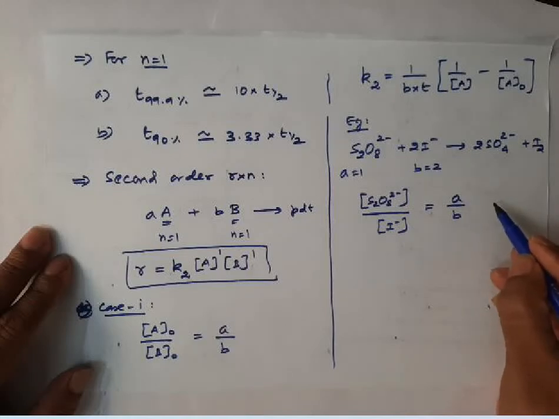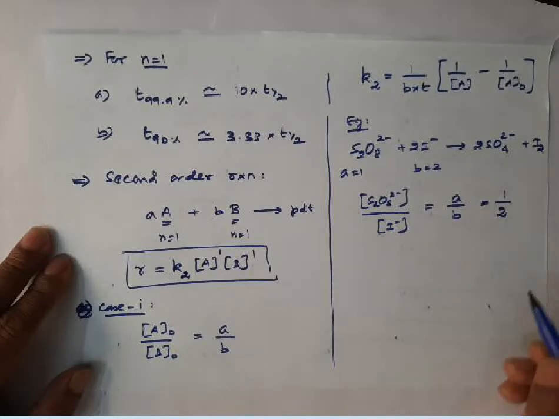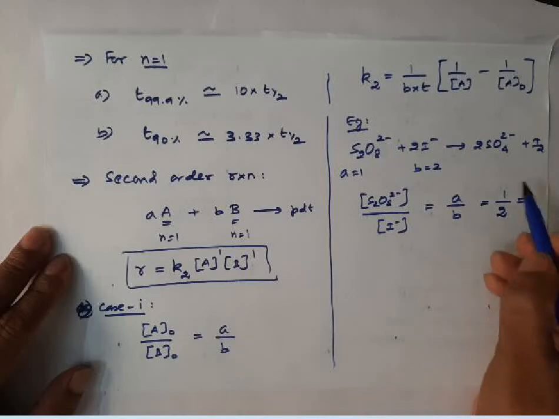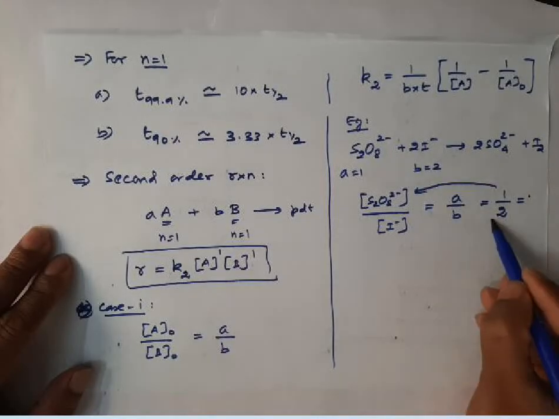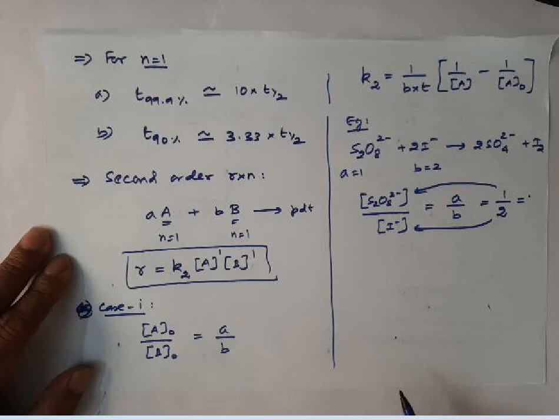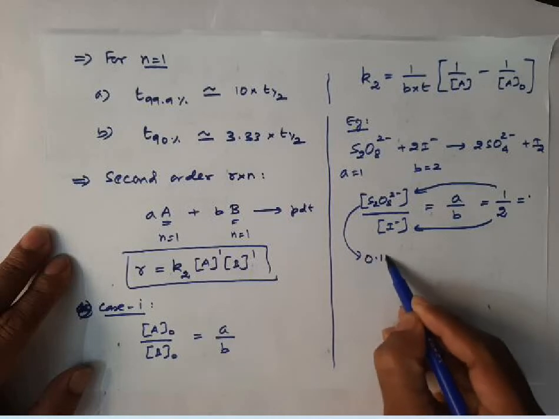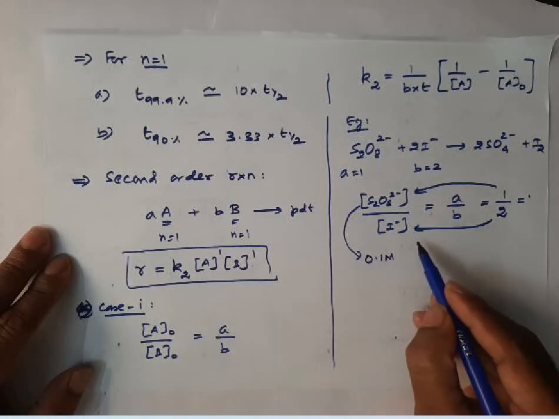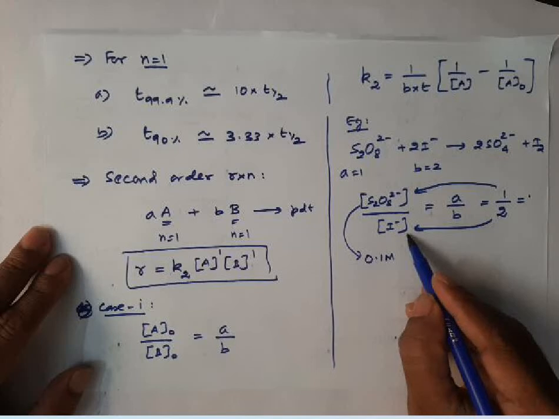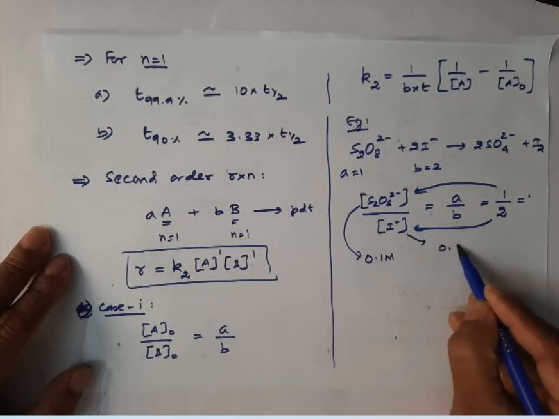So a value is 1, b value is 2, right? Therefore we should get the answer as 0.5 or 1 by 2. So if this concentration is 2, this concentration should be twice. Iodide concentration should be twice. That means if peroxide sulfate concentration is 0.1 molarity, we should take this concentration as twice the value, 0.2 molarity.